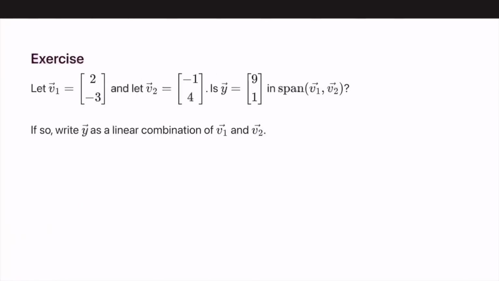Okay, so let's go through this exercise. We've got these 3 vectors, and we want to know if vector y, so 9, 1, is in the span of v1 and v2. Logically we can say yes, because v1 and v2 aren't scalar multiples of each other.